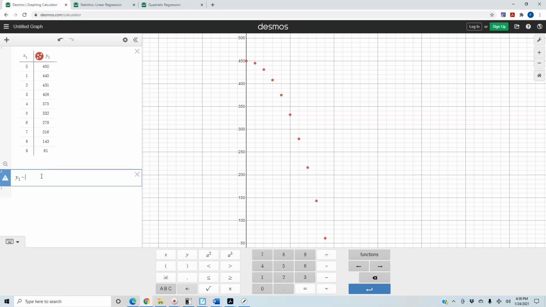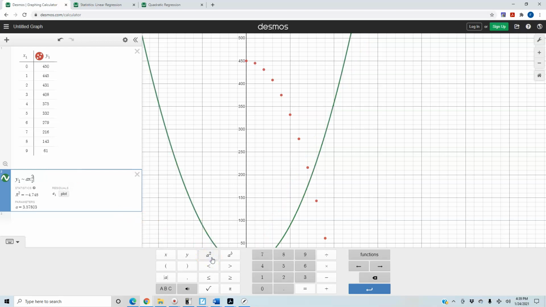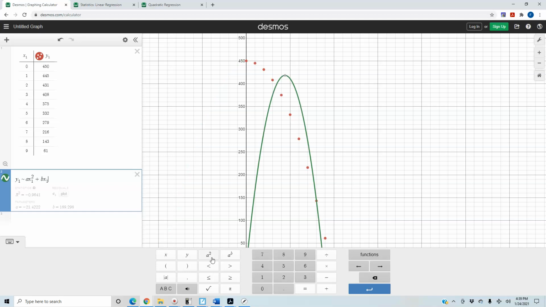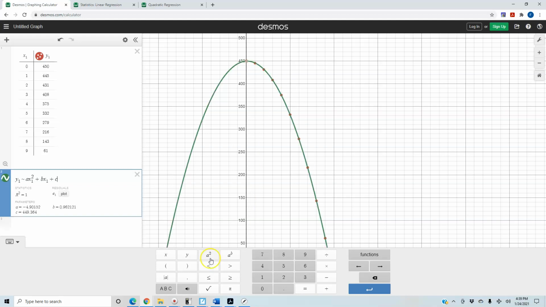Then we're going to type in a times x1, and we need to square that because it's got to be quadratic, and then plus b times x1, and then plus c. So now, if you take a look at this information, this is the parabola, and it's going directly through those points.